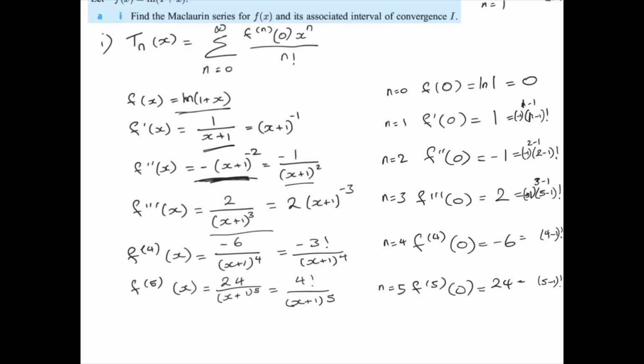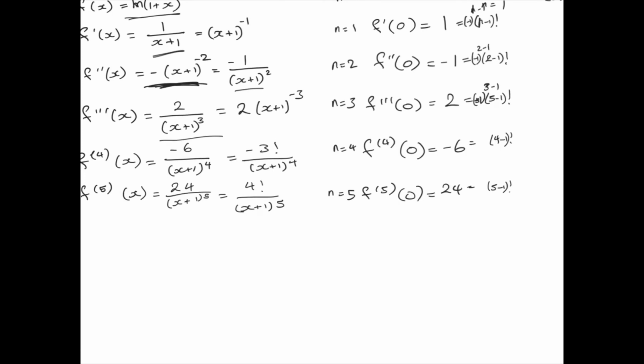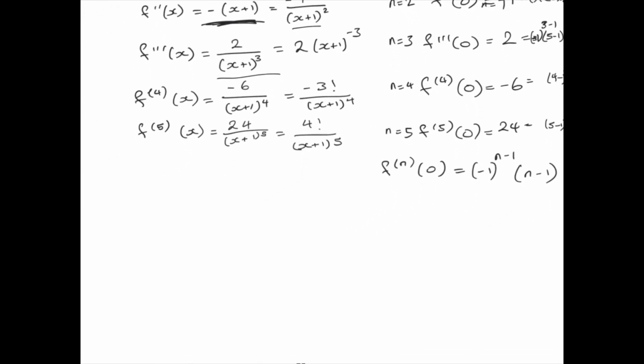Anyway, so after doing all that, we realize the nth derivative where x is 0 is, what's the formula? You've already pretty much said it. Negative 1 to the n minus 1. Good. So, after all that, therefore, the Maclaurin series is, what was it?